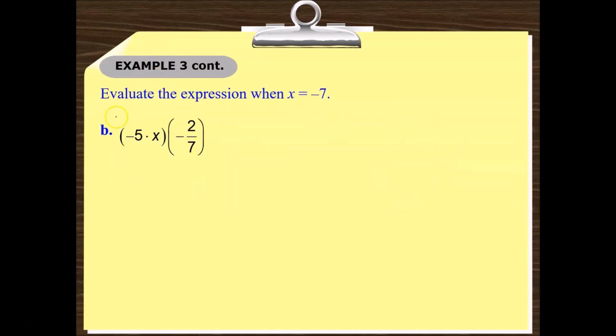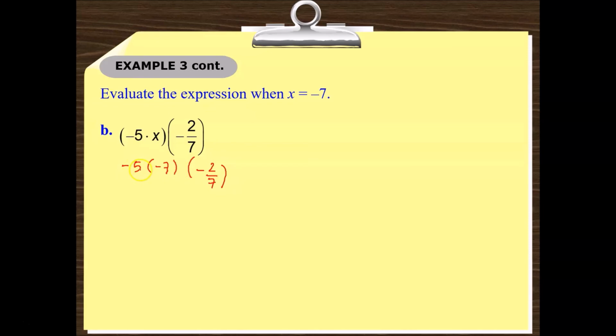One more example. So negative 5 times x times negative 2 over 7. So we can go ahead and replace x by negative 7. So negative 5 times negative 7 times negative 2 over 7.